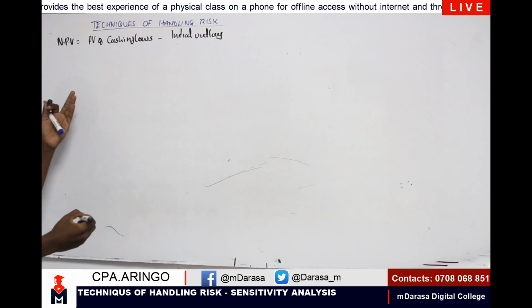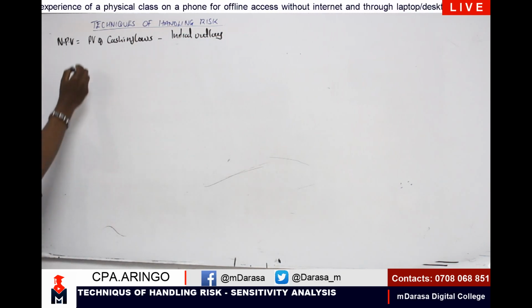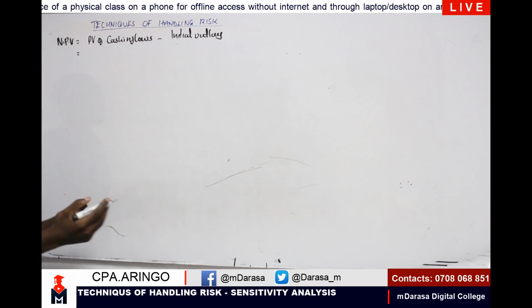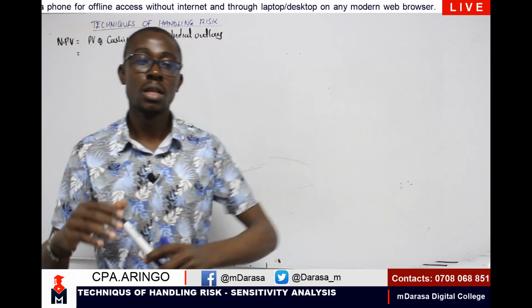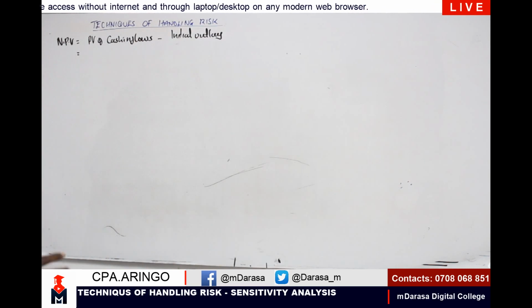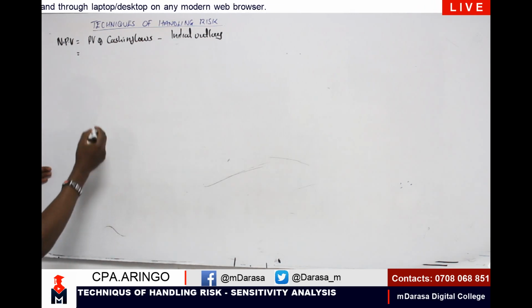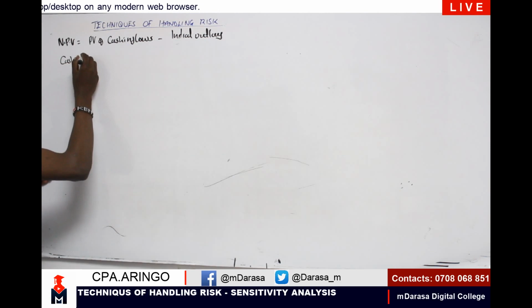This is the whole idea of our NPV, right? Depending on how we are given our cash flows, they might be a lump sum or they might be an annuity. Recall that we should always be very keen with that. But the whole idea will be the cash inflows.